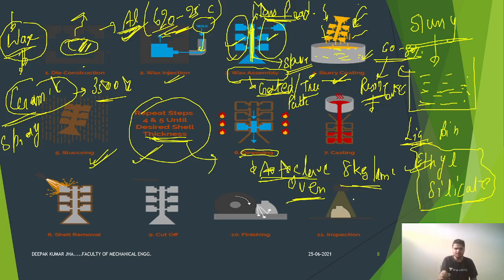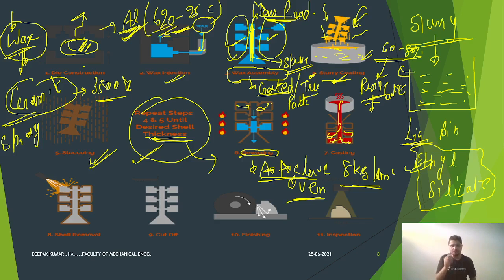Now what will happen? The wax which is melted can come out even from the intricate and complex portions of the assembly. So what will happen? This will produce a cavity which is very intricate and complex in size, and hence it will be very easy for you that when you pour the molten metal it will also go into the deep intricacies and the complexities which the pattern had produced.